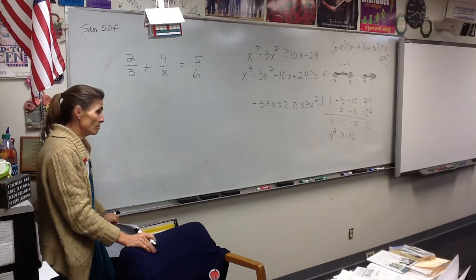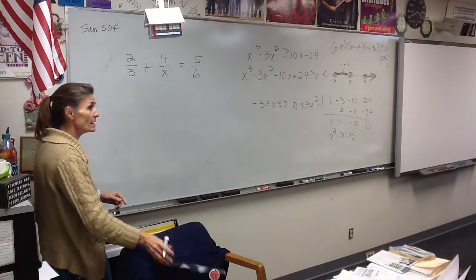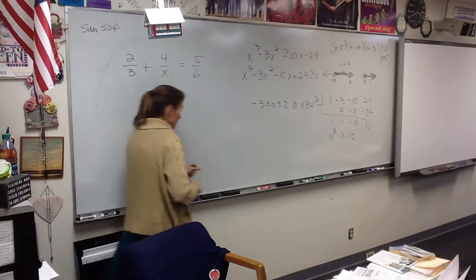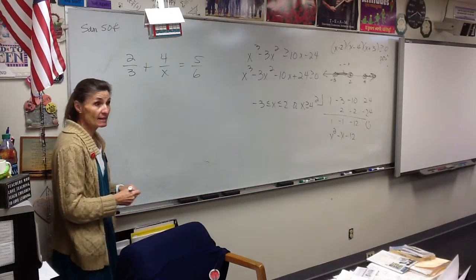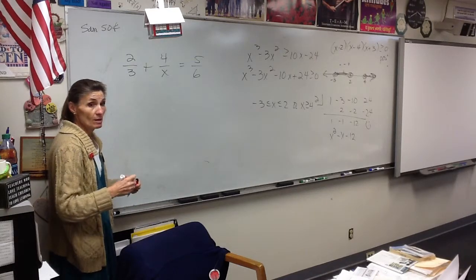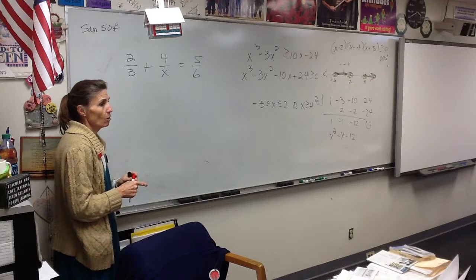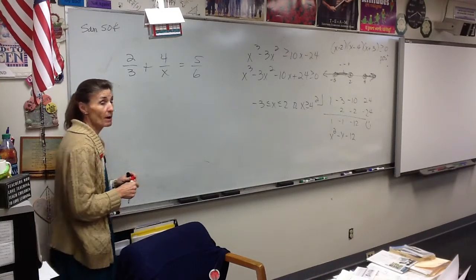We need to multiply by something that will get rid of every one of these fractions. So we could multiply by 6x or 18x or 24x. I mean, there's lots of things you could multiply by.